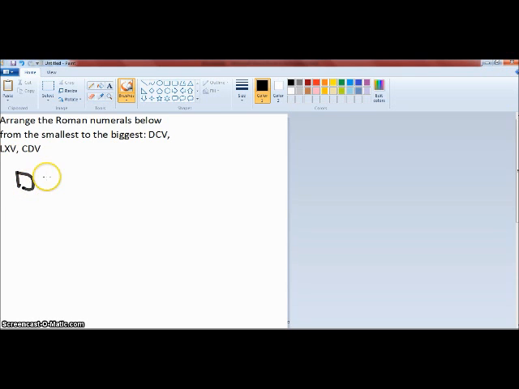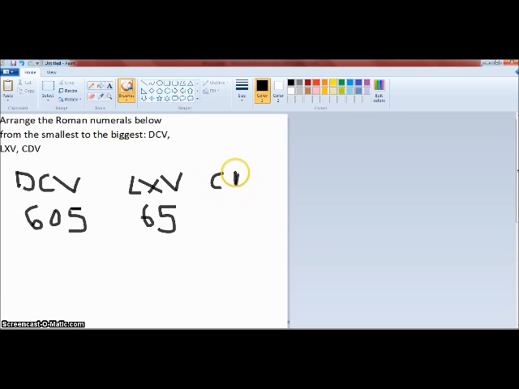So DCV, when you convert this into Arabic numerals, converts to 605, and then LXV is the equivalent of 65, and CDV is 405. You can do this in your own time. I hope those are the values you found.